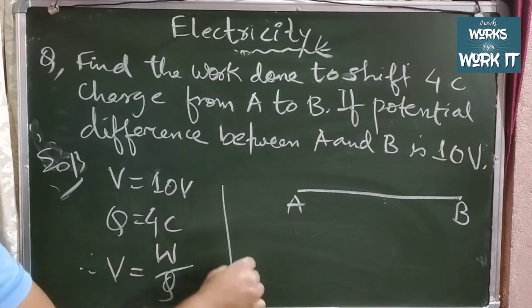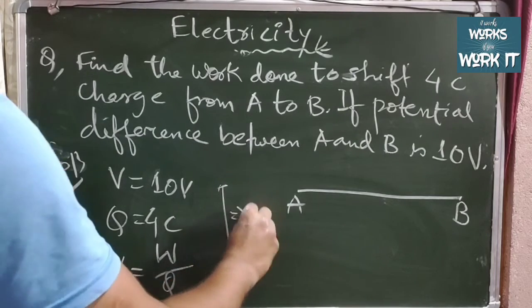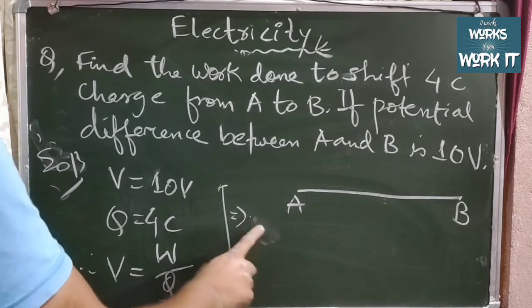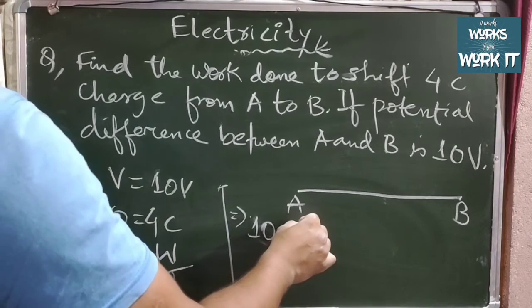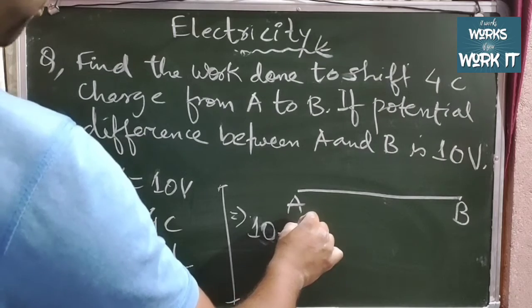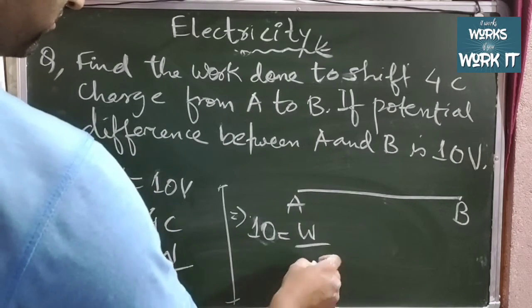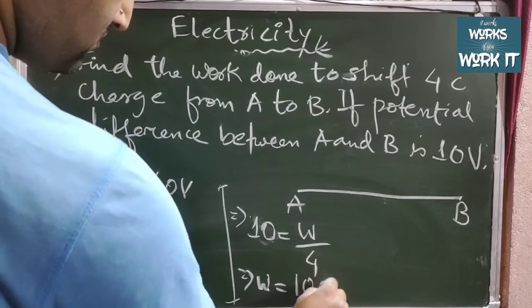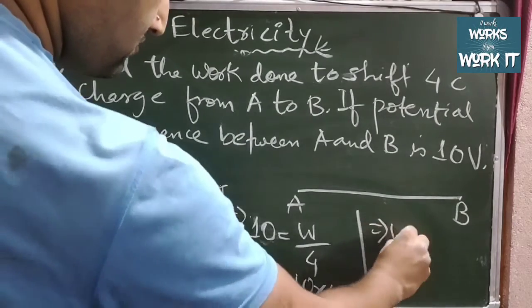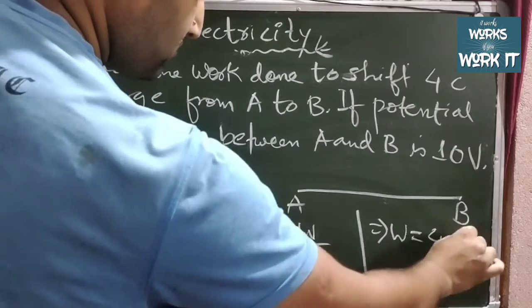We use the formula V equal to W by Q. V is 10, Q is 4, and W we have to find. So W we get as 40 joule. Okay, so this is the solution.